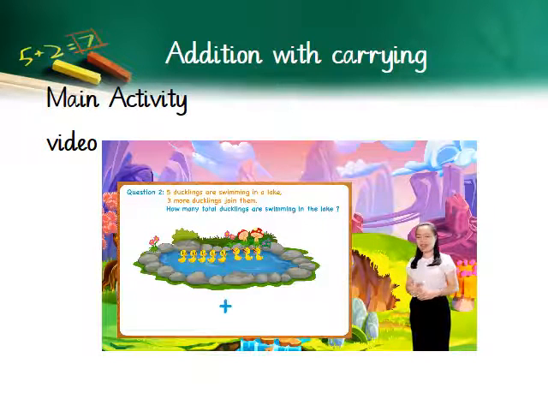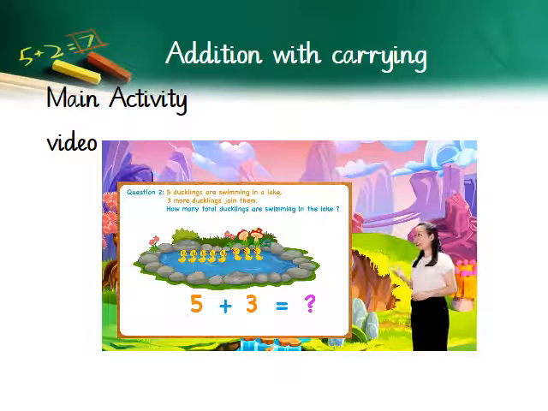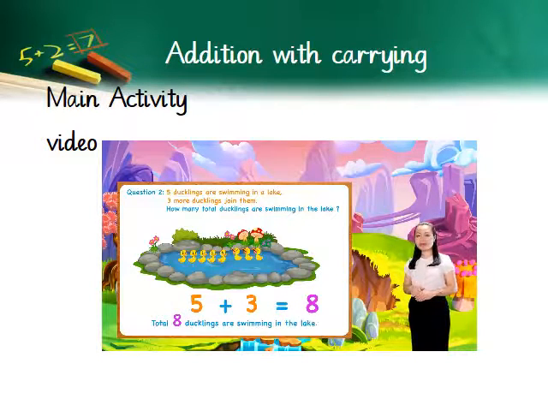We add 5 and 3 to find the total number of ducklings swimming in the lake. So 5 plus 3 equals 8. We conclude total 8 ducklings are swimming in the lake.